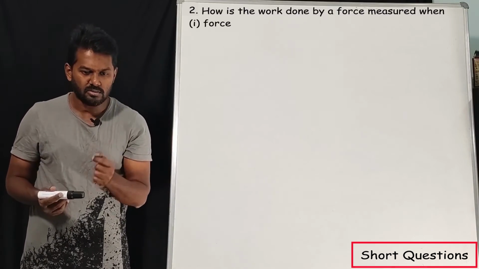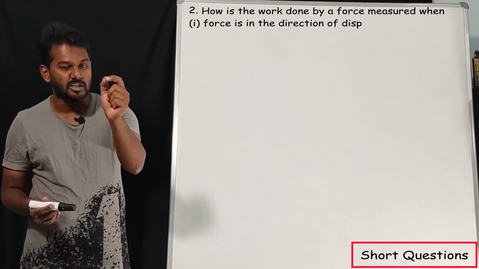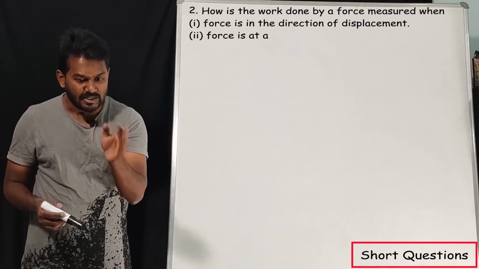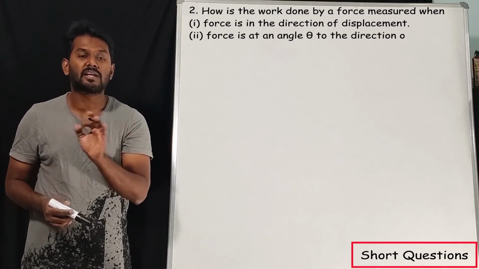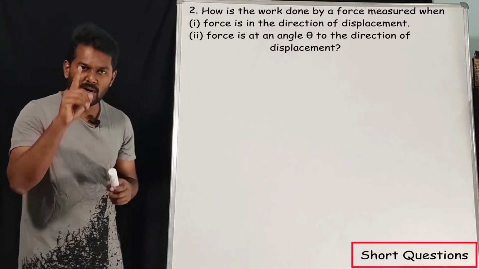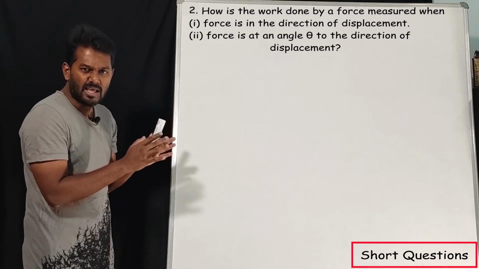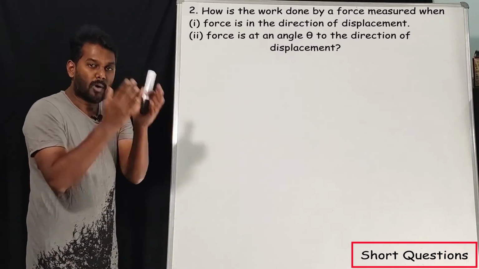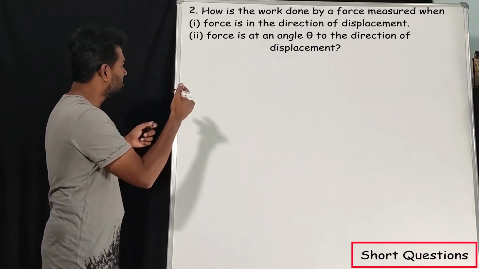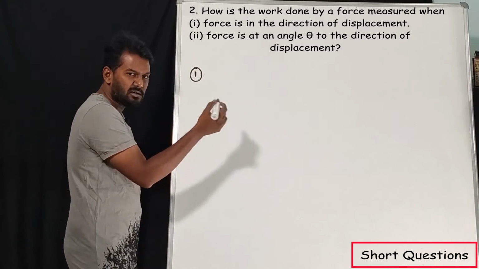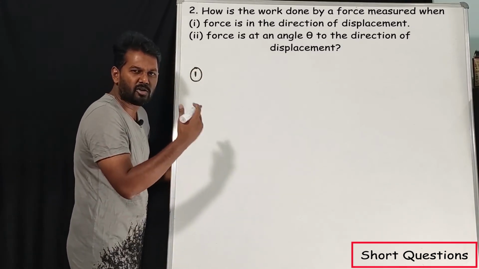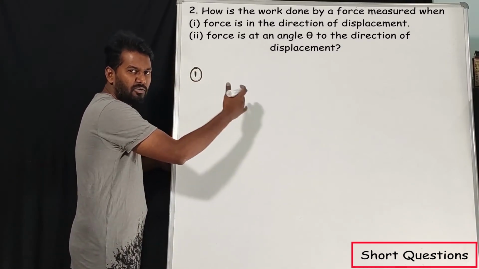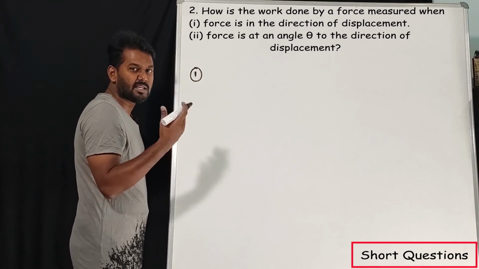How is the work done by a force measured? First, when force is in the direction of displacement; second, when force is at an angle theta to the direction of displacement. So in one question there are two sub questions. They are asking how we can measure work done. If you can imagine it in the form of a picture, then it is easy to analyze.